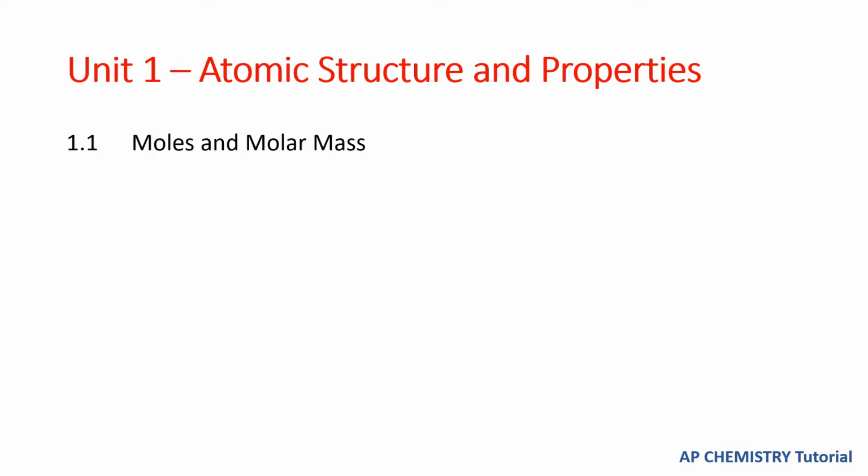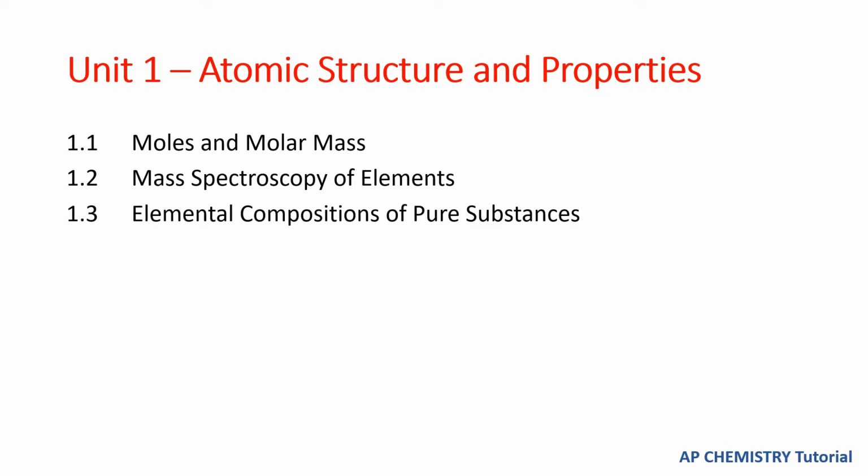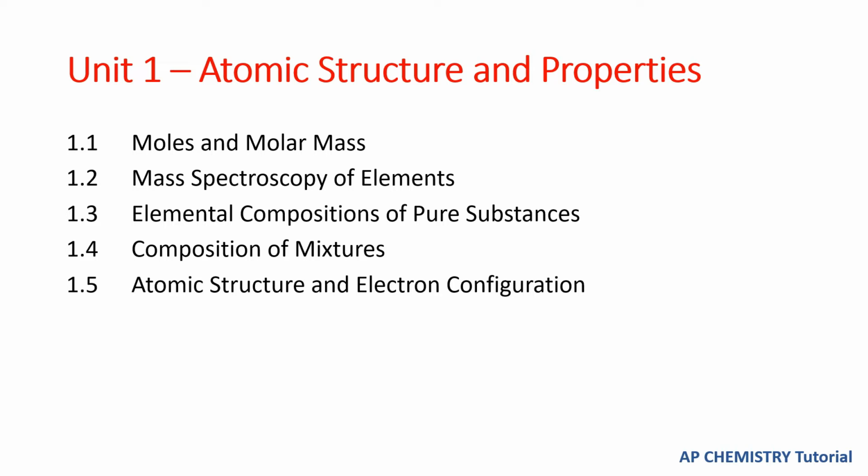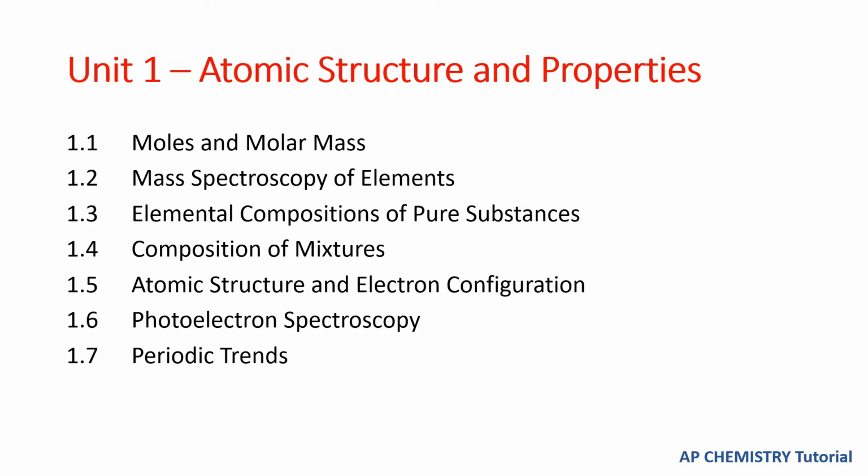The first topic, unit 1.1, is moles and molar mass, which I will discuss in this lesson video, followed by mass spectroscopy of elements. 1.3 is the elemental compositions of pure substances. 1.4 is the composition of mixtures. 1.5 is the atomic structure and electron configuration. 1.6 is photoelectron spectroscopy. 1.7 is periodic trends. And for the last topic in unit 1, the valence electrons and ionic compounds.